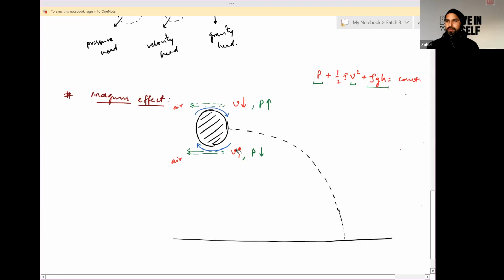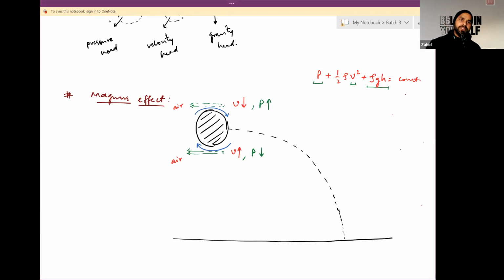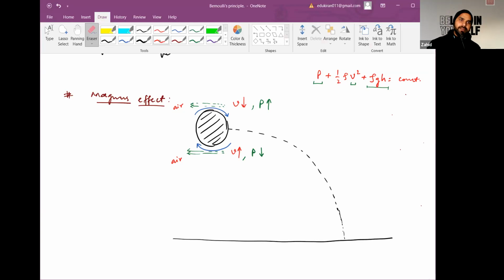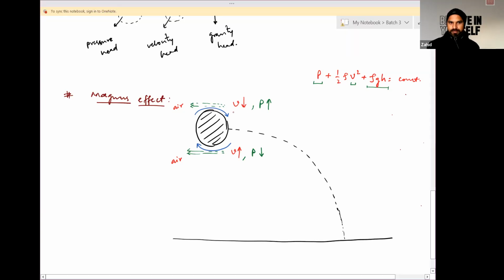According to the rule, matter flows from higher pressure to lower pressure. So the pressure at the upper level is greater as compared to the lower point. Due to this pressure difference, this ball will deflect downward, so it may hit at this instant. Is it clear? Yes, sir.